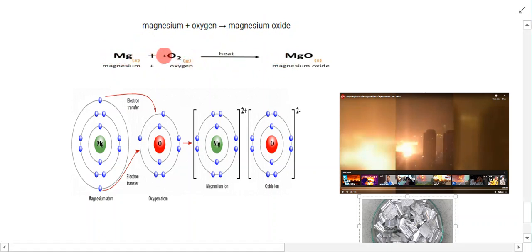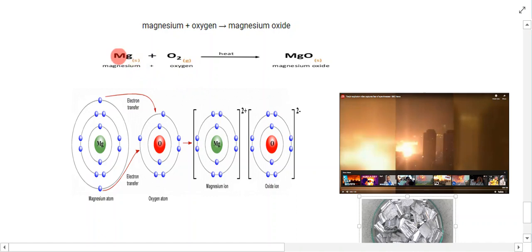Now, if we remember, on the left-hand side you have what are called the reactants. These are the atoms that come together and react. This arrow indicates that the reaction goes this way, and this is your product. The reactants are magnesium and oxygen. You'll also notice a small s and a small g here.